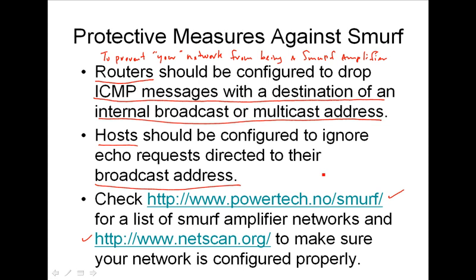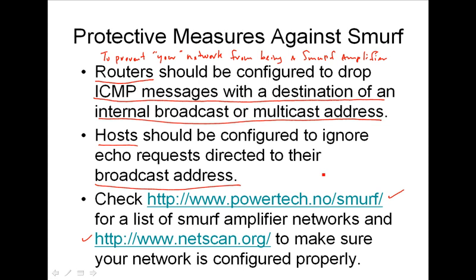So Smurf is one of those attacks where you don't have to have a vulnerability here. And by vulnerability I mean you don't have to have a coding error, some sort of programming error in your operating system or any of your applications.